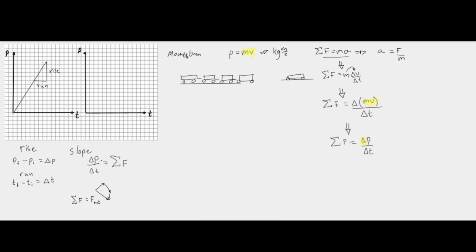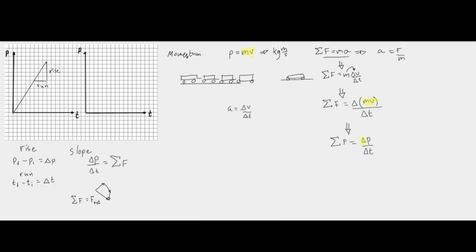So the change in momentum with respect to time is the force acting on the object, and hopefully that makes sense. If this train's momentum is changing, then the velocity must be changing. If the velocity is changing, we know that acceleration is equal to a change in velocity over a change in time.